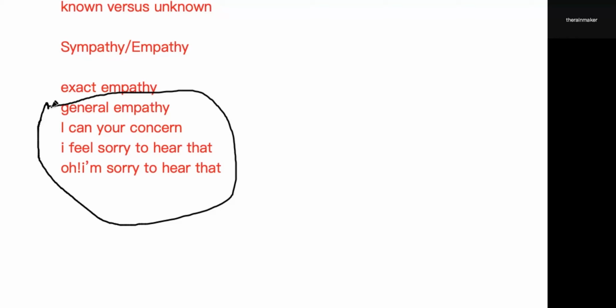That is going to be exact empathy. So, of course, I encourage you to choose exact empathy instead of the general empathy, but at least have it. Include this in your speaking. If you do not, you're not going to score.